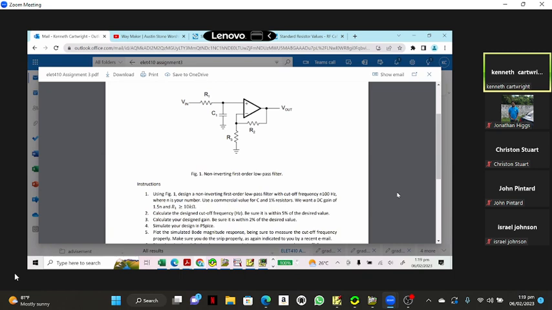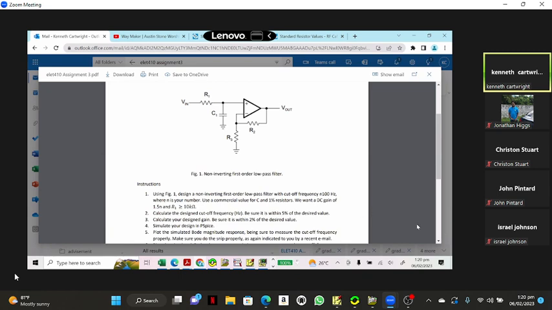I didn't ask you to calculate design gain last time because I assumed that everybody would have made RN 1/10 of RF. But that wasn't the case. In this case, everybody got a different gain. Calculate design gain. Be sure it is within 2% of the desired value. That's the desired value. Your design value depends upon what values you actually choose for your resistors.